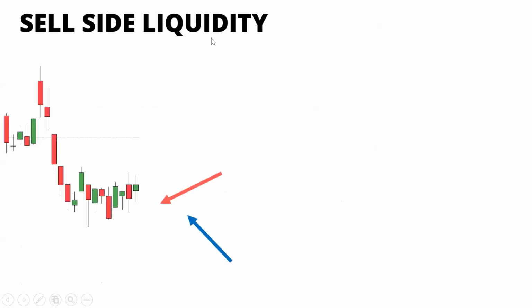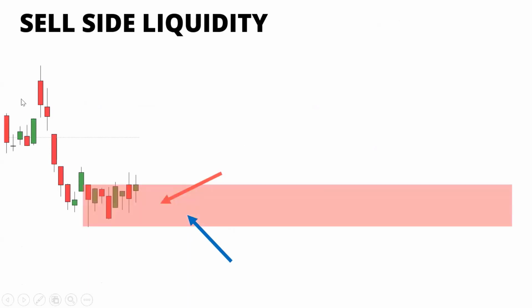So let's look at this with sell-side liquidity. We can see the market comes down, correct? This is called sell-side liquidity. This is where the market's coming down and the shorters in the market want to get in because they believe that the price is going to continue down. The market's also coming down, and this is where those who went long, so if they went long at this price, then the market turned and carried on going down.